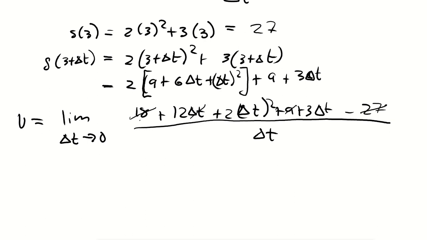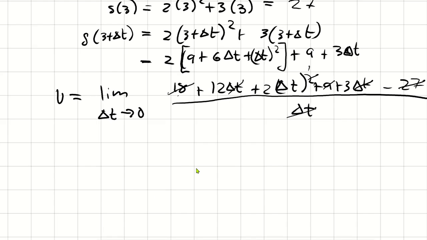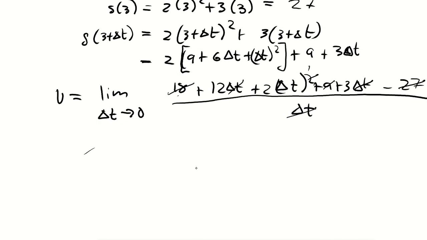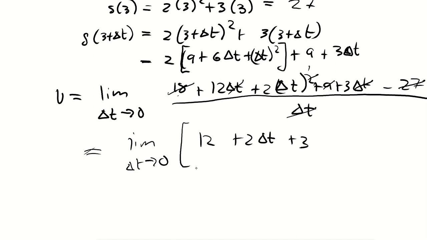Then we can cancel out delta t, 1, this is 1, and this one. So what will be the remaining terms as delta t approaches 0? So we have 12 plus 2 times delta t plus 3. Then applying the limit as delta t approaches 0, this will be 0.